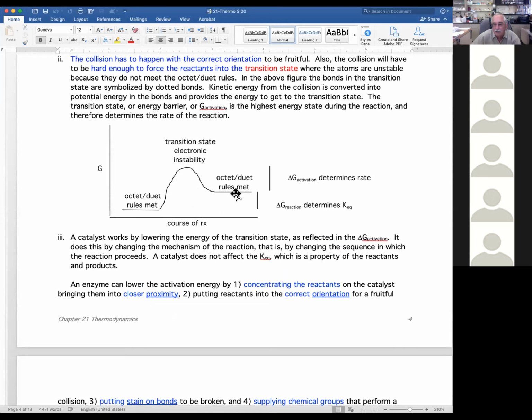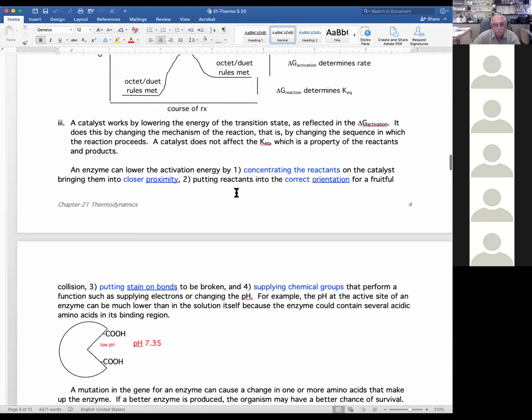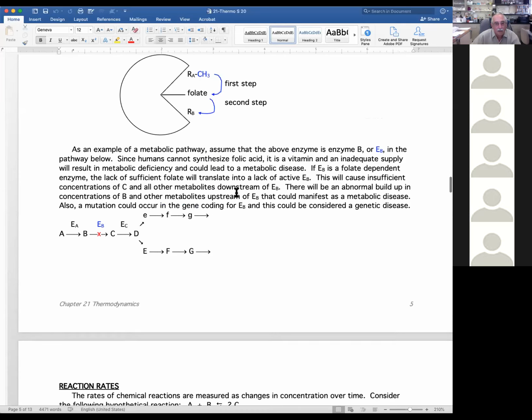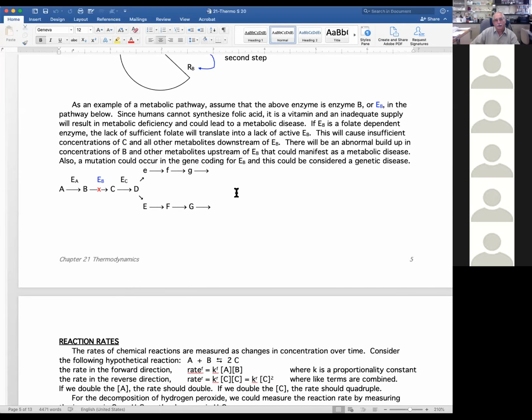How it does that, it's actually intimately involved in how electrons go from point A to point B, all that kind of stuff. So here would be the effect of a bad, inactive enzyme on a metabolic pathway. It can be actually devastating.